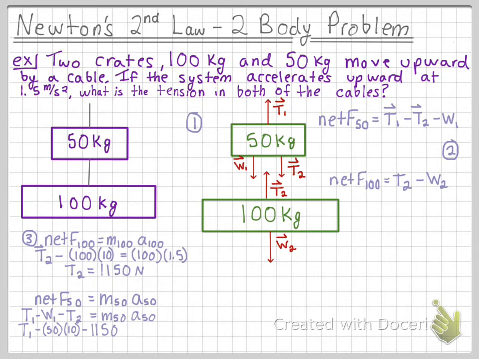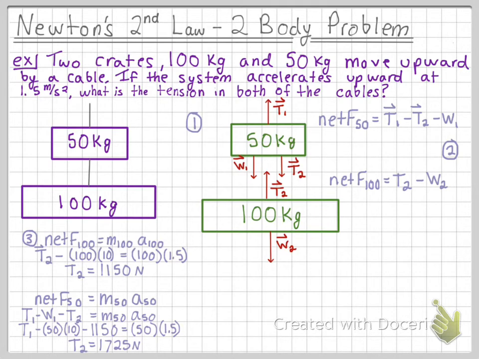So we can plug in those values. All right, and then we set this equal to the object's mass, which is 50 kilograms, times its acceleration, which is 1.5 meters per second squared. And when we solve, we see that the tension above the 50 kilogram block is 1,725 newtons.